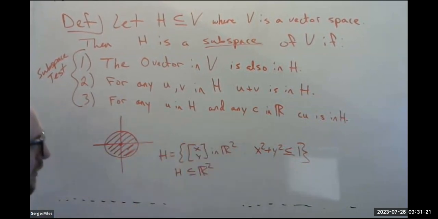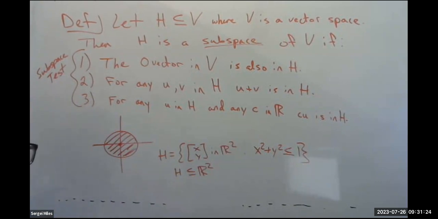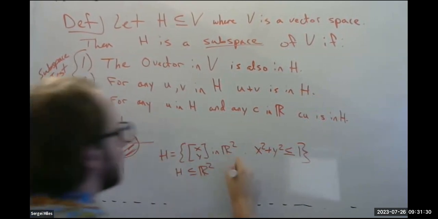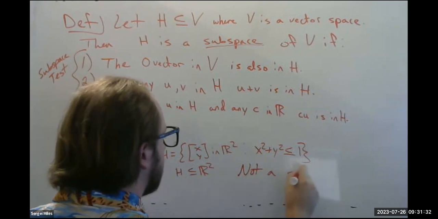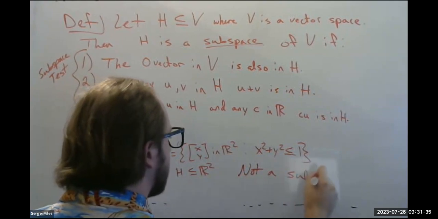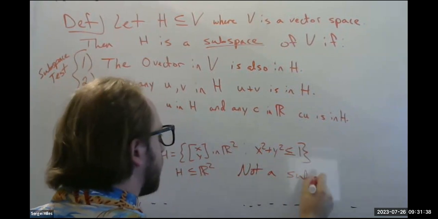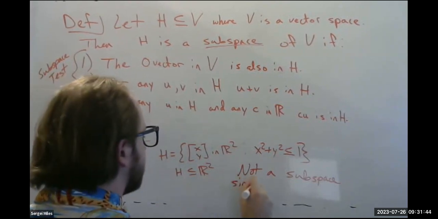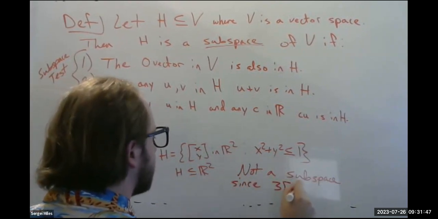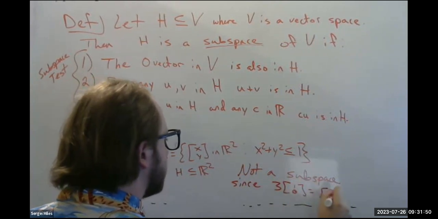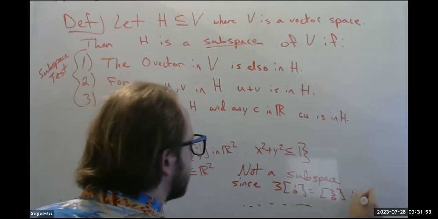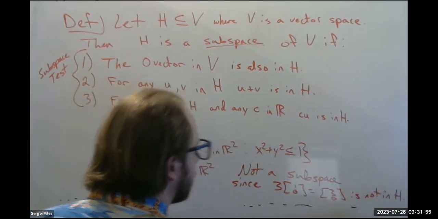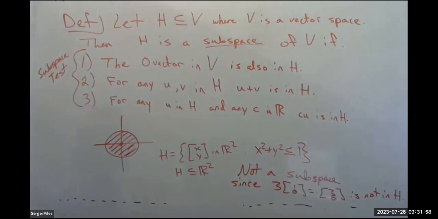Similarly, scalars don't work. If I have (1, 0) and multiply it by 3, that becomes (3, 0), and now that's out of the space. So H here is not a subspace precisely because it breaks 2 and 3. Since, for example, 3 times (1, 0) equals (3, 0), which is not in H.